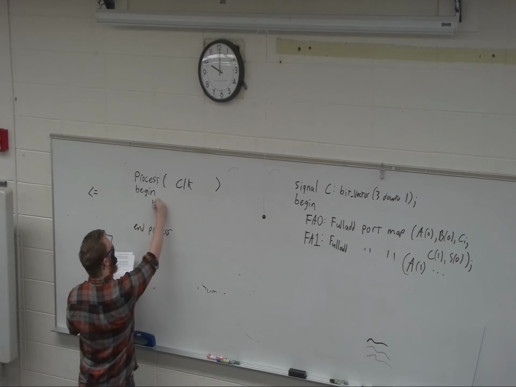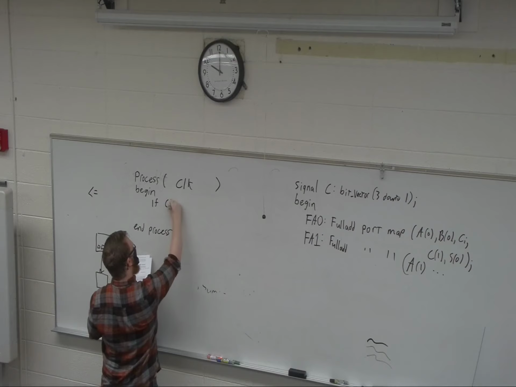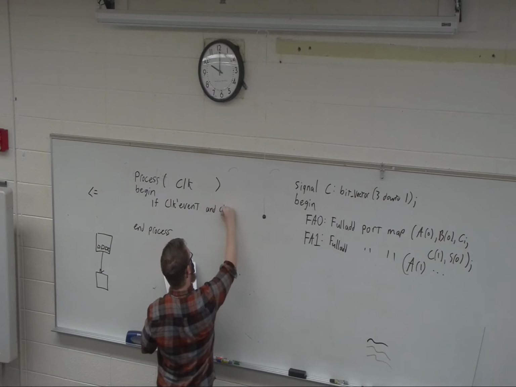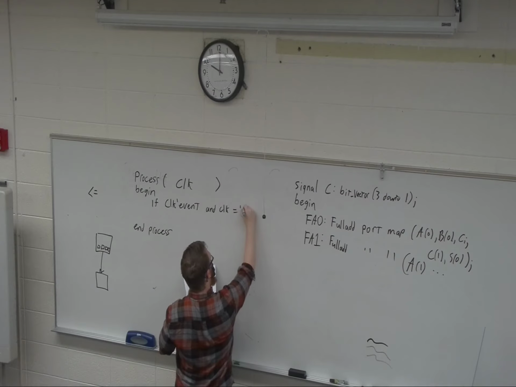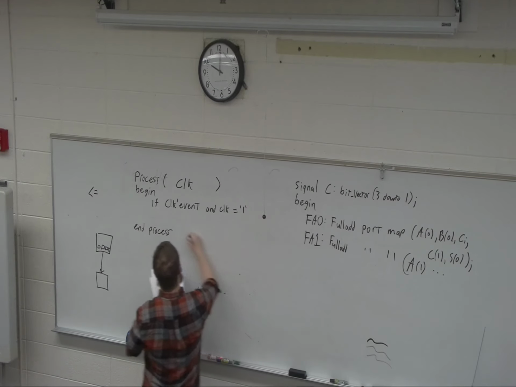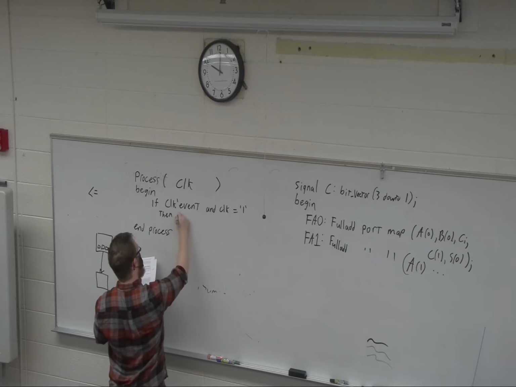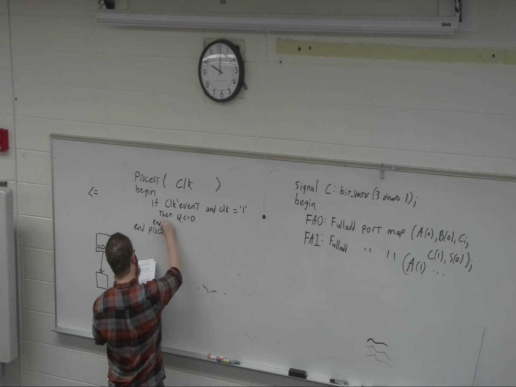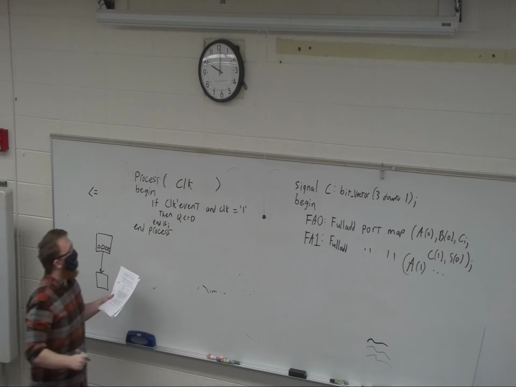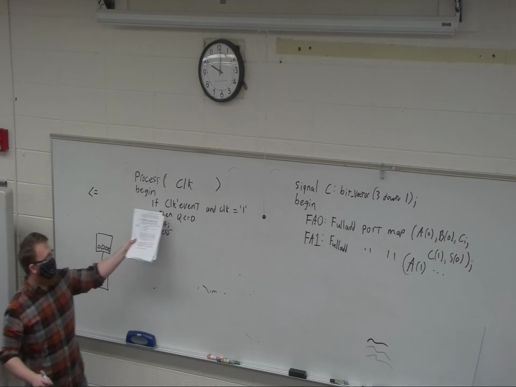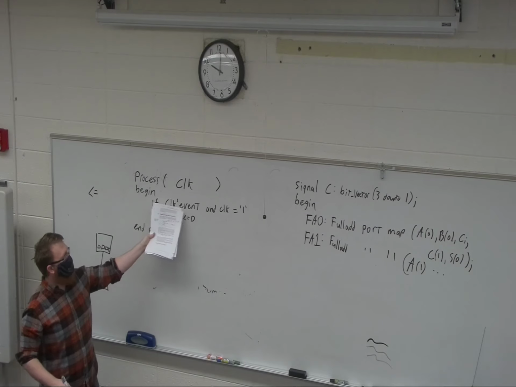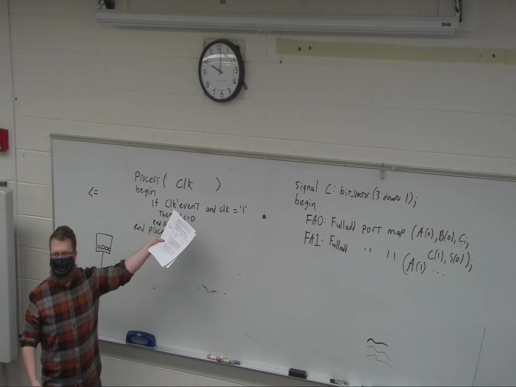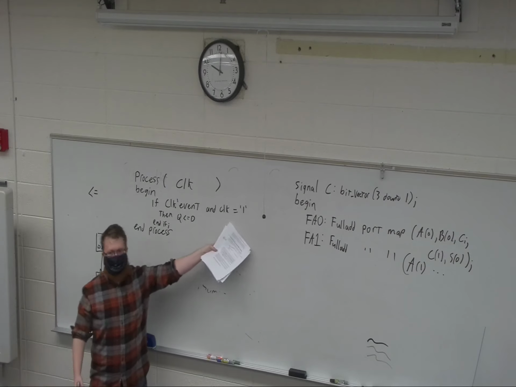So what I can do is I can say if clock tick event, so this tick event is part of VHDL, it's built in, and what it's saying is if something happens to clock, if clock is the thing that triggers this, and that clock is 1.